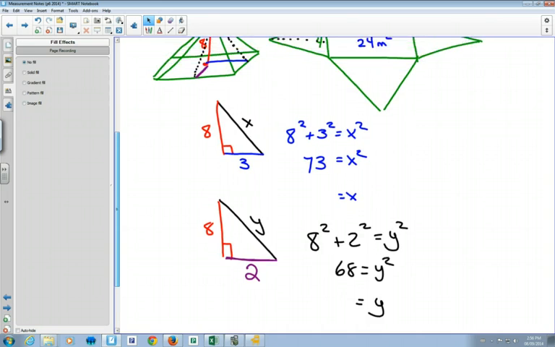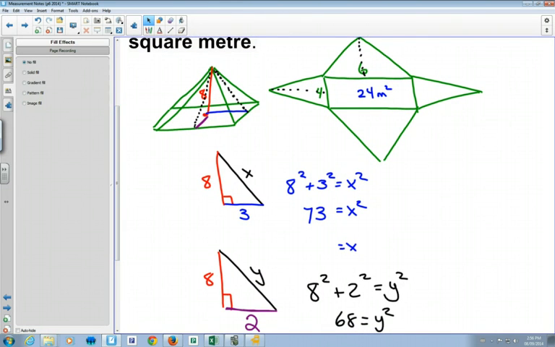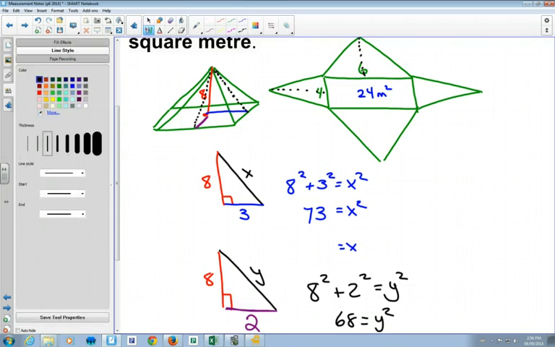So now what I can do is I can go back to my diagram. I know that I have these different values and I can write them in approximately what they are. The first one I found was this one, and it had a base of 3 here. That was this 3 right there.